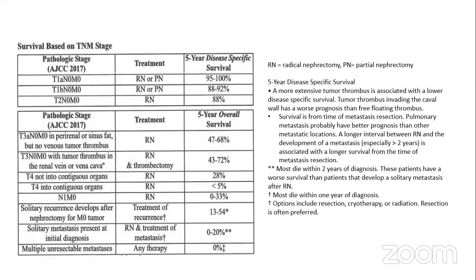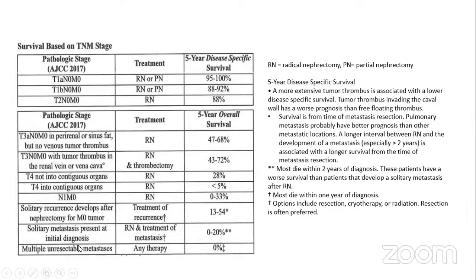These patients have worse survival than the patients that develop solitary MITs. Solitary MITs present at initial diagnosis, treatment is radical nephrectomy and treatment of metastasis, and 0 to 20%. This is survival, as I mentioned, most die within 2 years of prognosis.